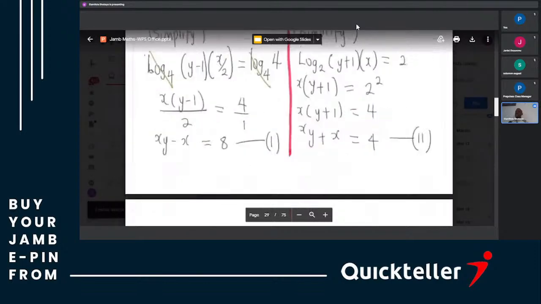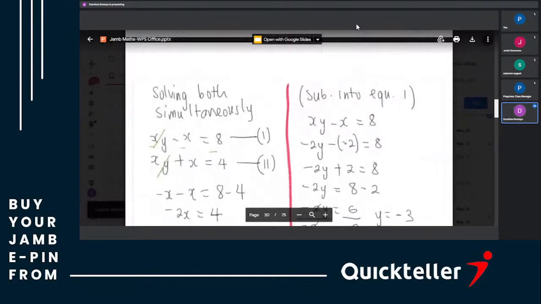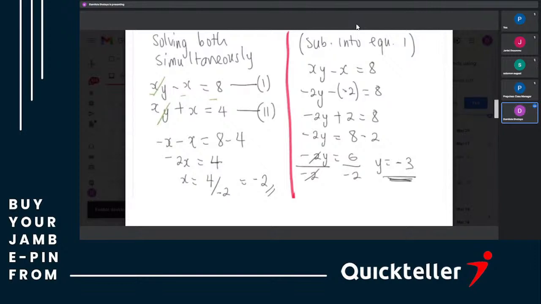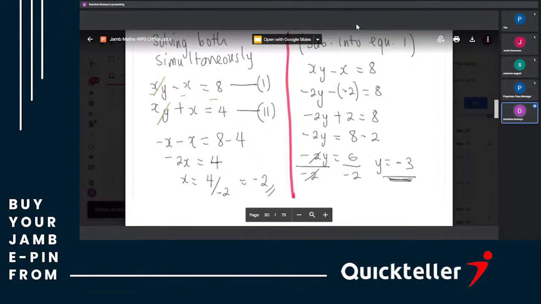Now what we'll see is that it is a simultaneous equation. Solve both simultaneously. So I have xy minus x equals 8 and xy plus x equals 4. How do you solve simultaneously? Subtract. So I'm going to minus them. When I subtract xy from xy, it will give me 0.